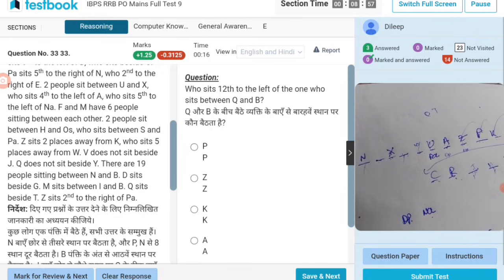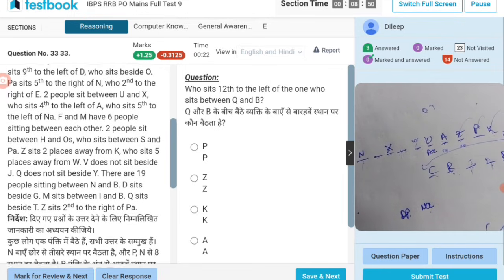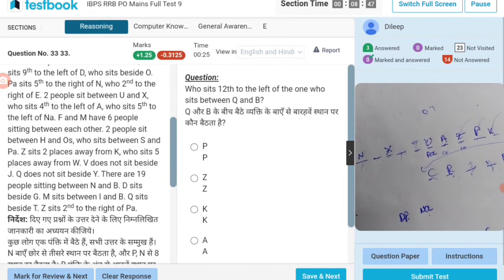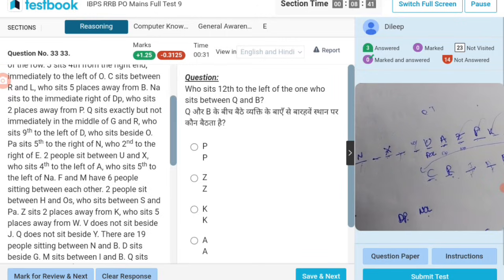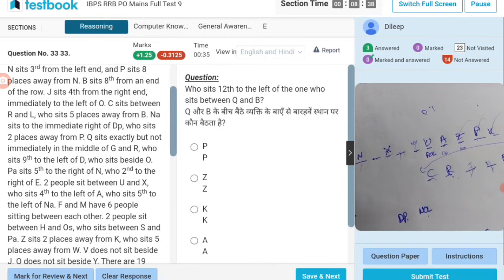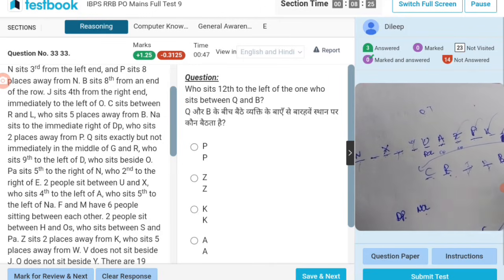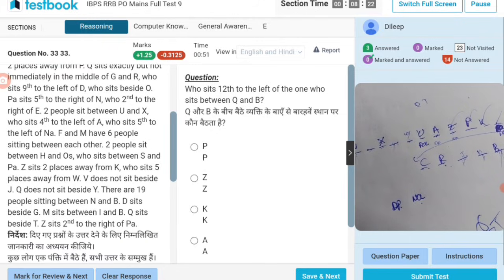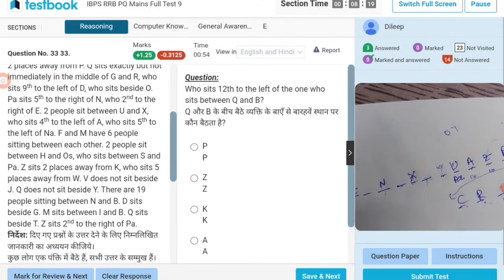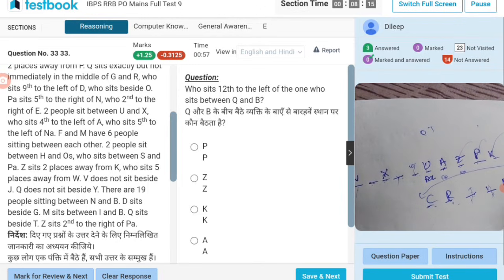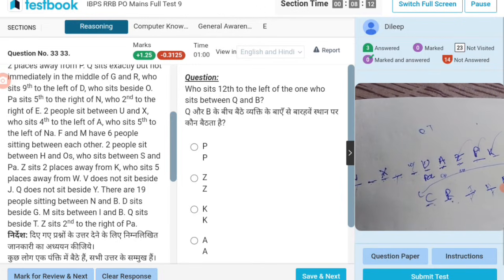Q sits beside T. So Q, T, O, T. Q and B. So who is 12 to the left of Q and B?